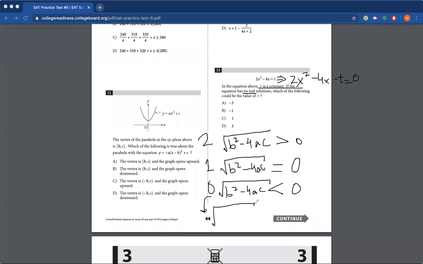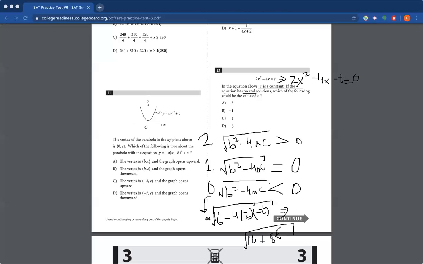Negative 4 squared is 16. Minus 4 times a, which is 2, times negative t. So that's going to be 16 plus 8t. That's what I'm getting.